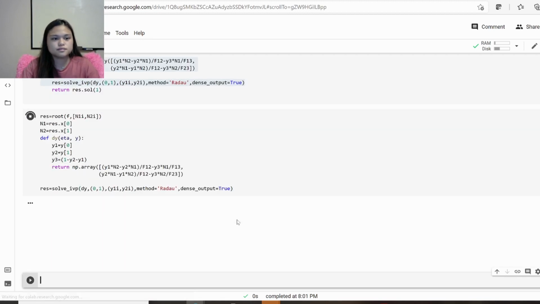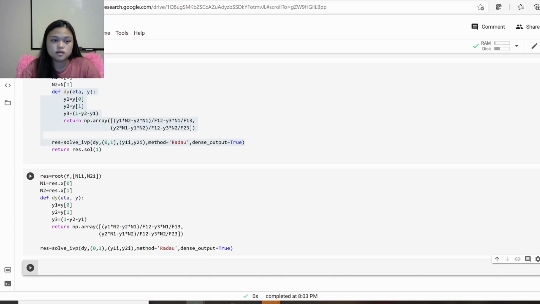Let's shift enter. Okay, cool. So now we want to get those plots for eta. So that would be our distance. So we want those to be our eta plots. Use numpy and then linspace.